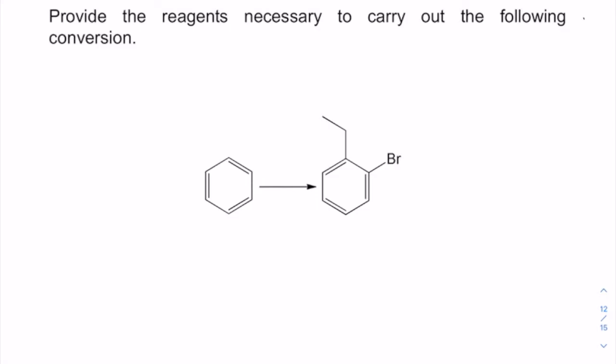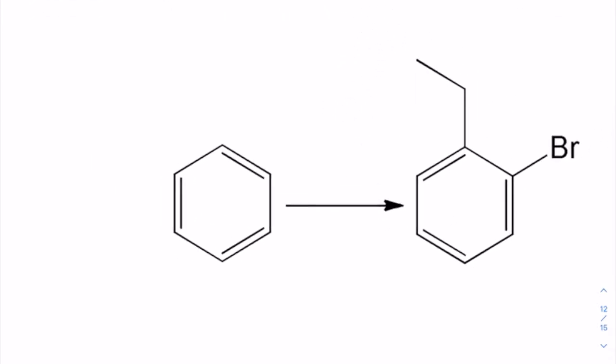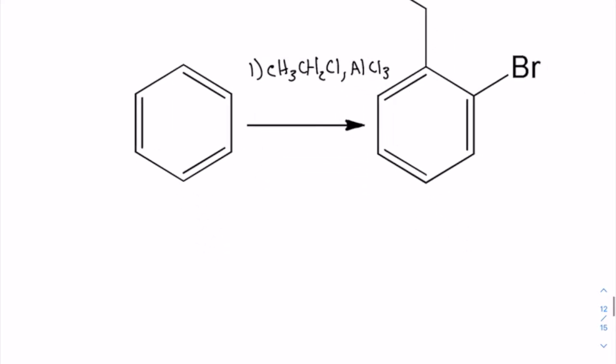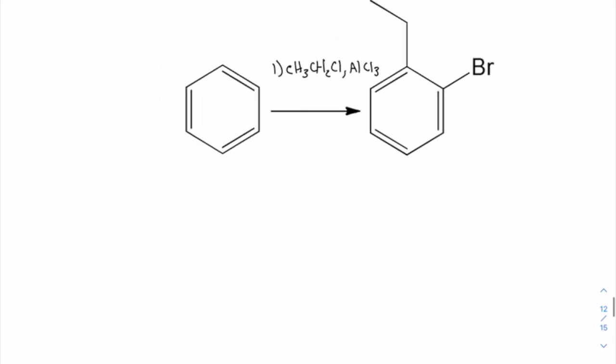So for Friedel-Crafts alkylation, we know we're going to need an ethyl attached to a chlorine, which is going to be the leaving group, and then we also need aluminum chloride too. And that's going to basically install the ethyl, so this is step 1, right? Drawn out. And that's what we're going to get.